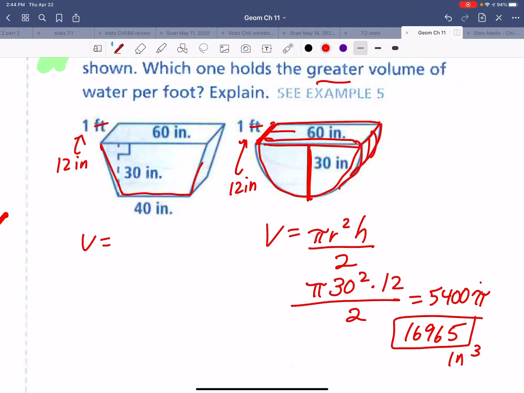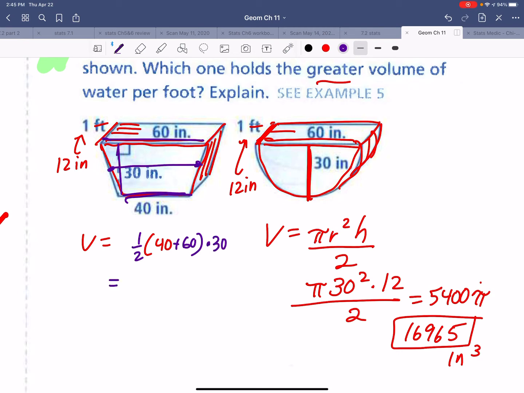Now let's figure out how much water this one holds. This is my object. It's a trapezoid. So this is a trapezoidal prism, and I stacked my trapezoids this direction. How high? Well, 12 inches high. So what's the area of a trapezoid? Well, I don't know if I've shown you this or not. The area of a trapezoid is the average width times the height. So you add the two bases together, 40 and 60, and you divide by 2, and you'll notice the average width is actually 50, times your height here, that's 30.